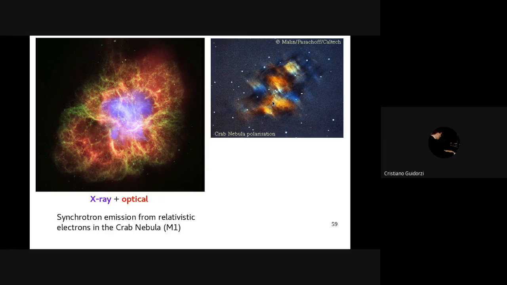So by combining these two pieces of information, you see that this is another fair example of synchrotron radiation, in this case in the optical band.